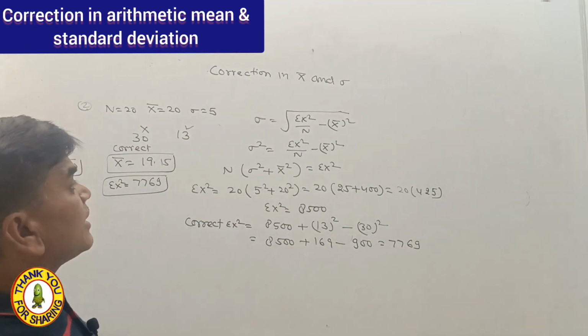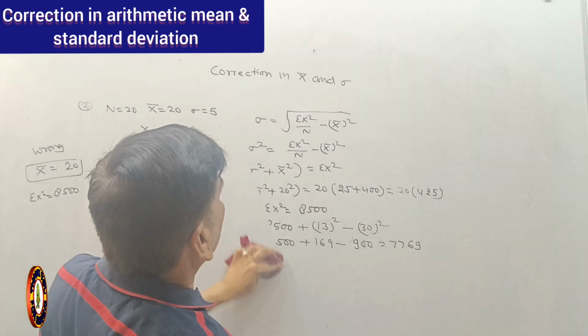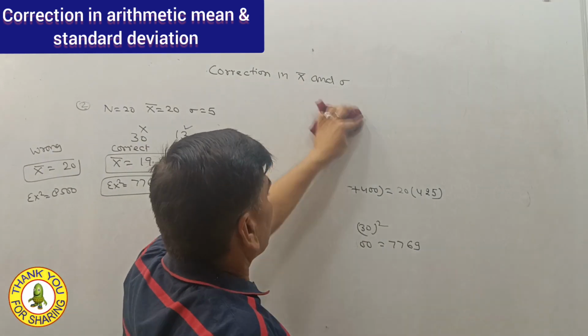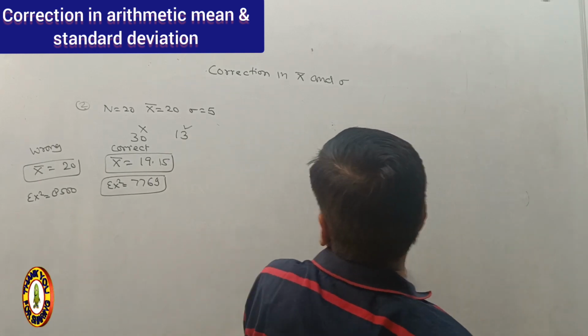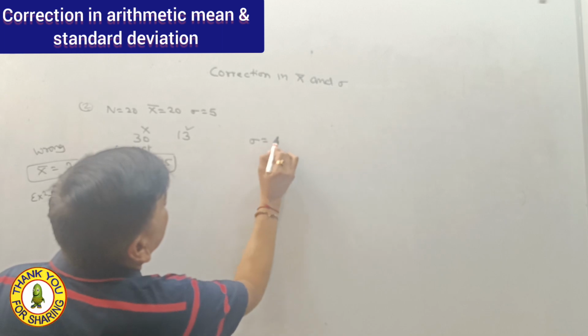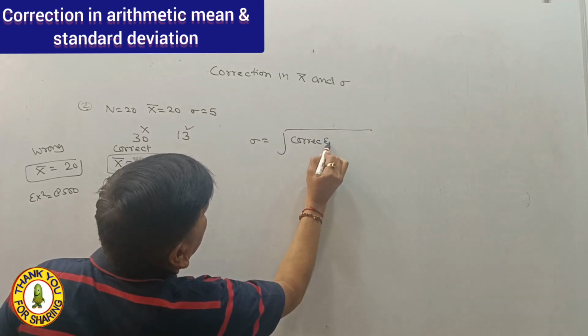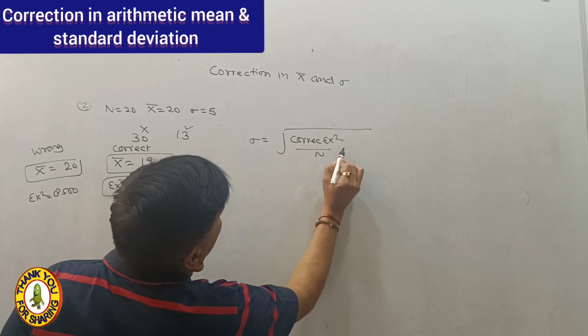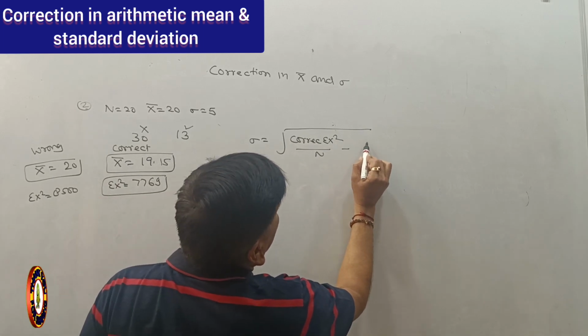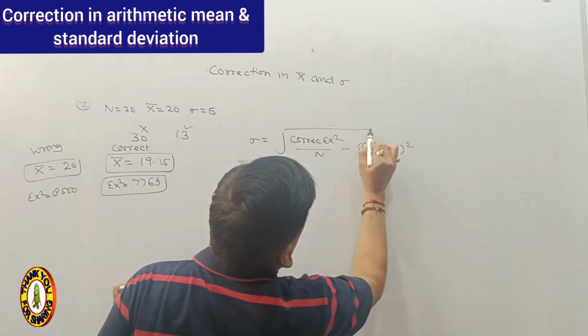So now we should get the correct standard deviation. The correct standard deviation is the square root of correct sigma x square divided by n minus correct x bar raised to power 2.